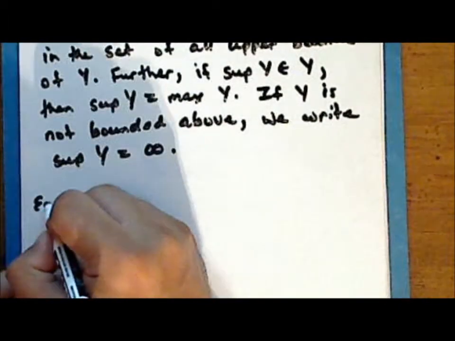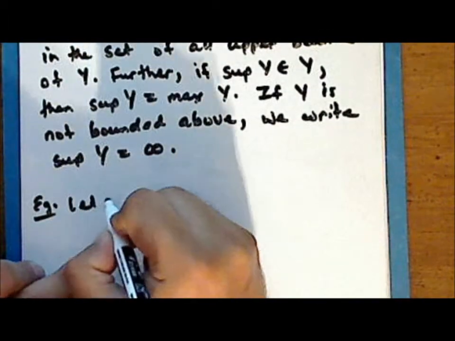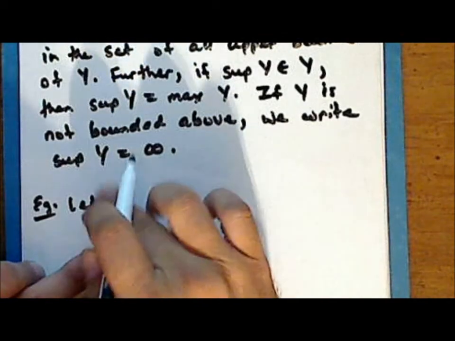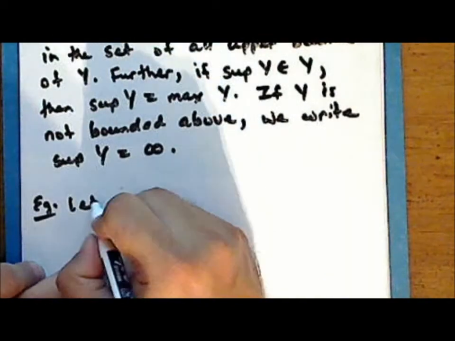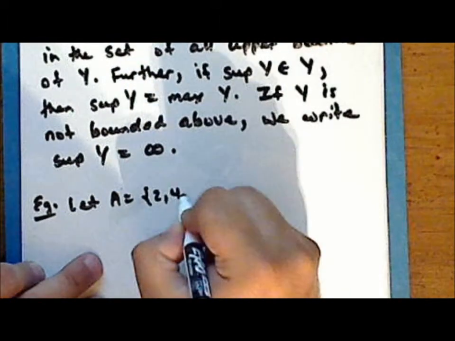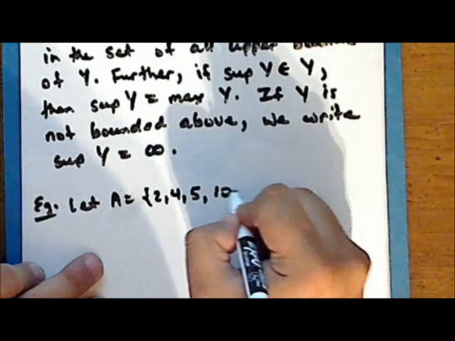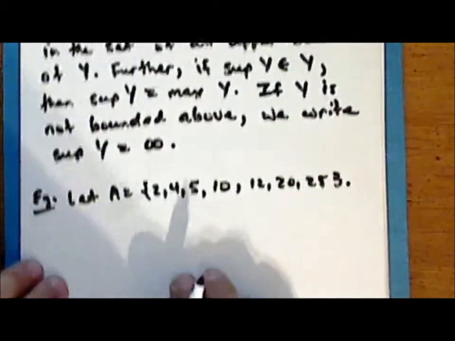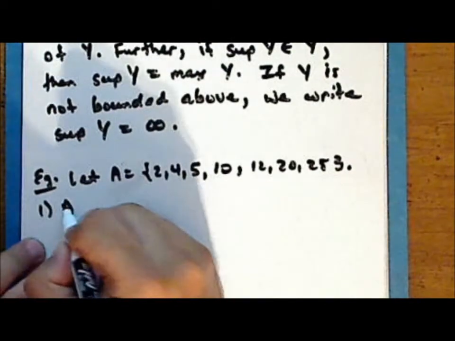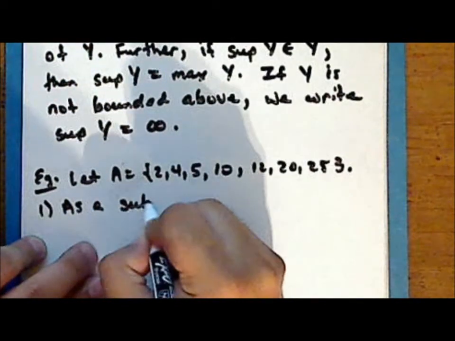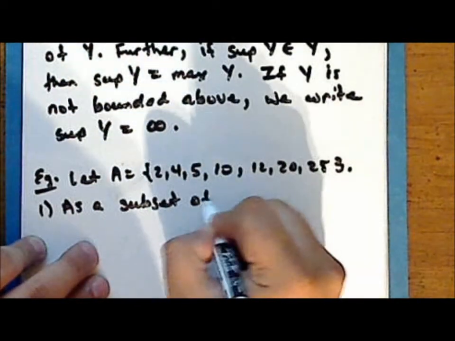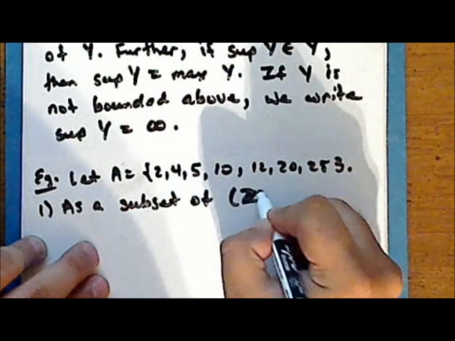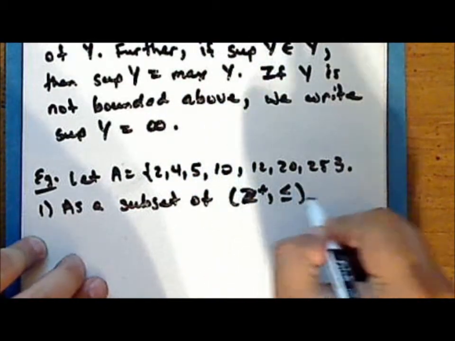Okay, so let's look at an example. Again, let the set Y, or correction, let the set A be the set of integers 2, 4, 5, 10, 12, 20, and 25 as a subset of the poset consisting of the positive integers with the relation less than or equal to.